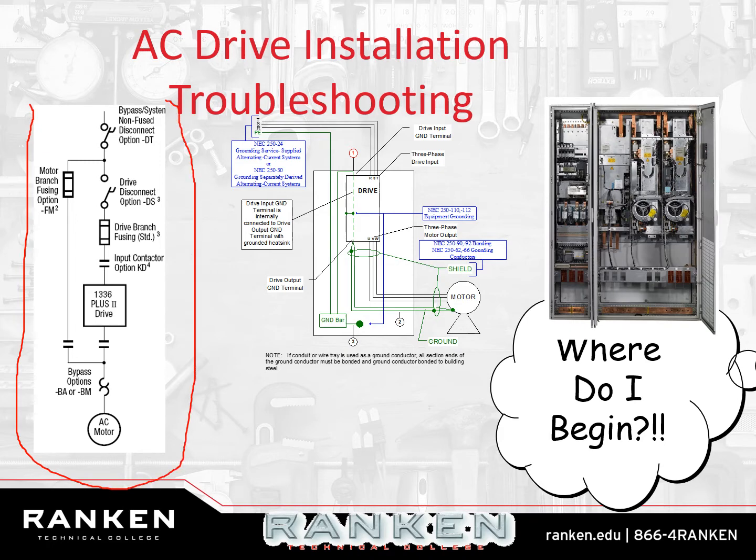If you break it down to what it is, yes, this can be intimidating. It is very intimidating. But if you break it down to what it actually is, it's a pretty simple circuit that goes from whatever power source you have. Let's say the pole, right?